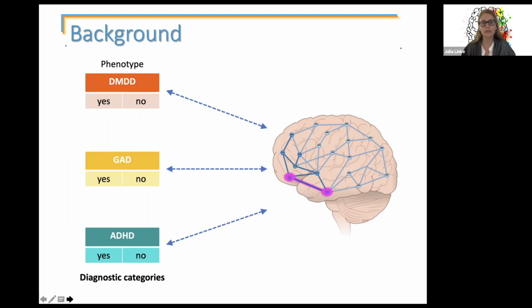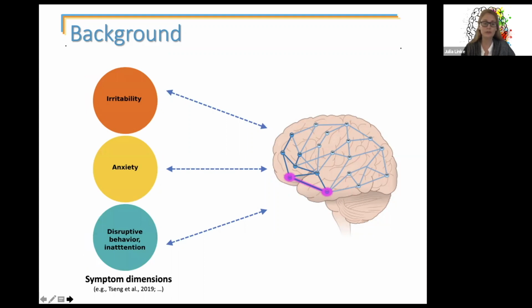And while we've learned a lot from these studies regarding brain activation and connectivity, we also had come to realize that the diagnostic categories do not map very well onto brain neurobiology. So as a consequence, the field has moved towards alternative phenotyping strategies, such as the utilization of symptom dimensions that cut across diagnostic categories.